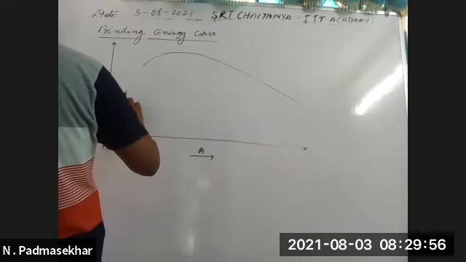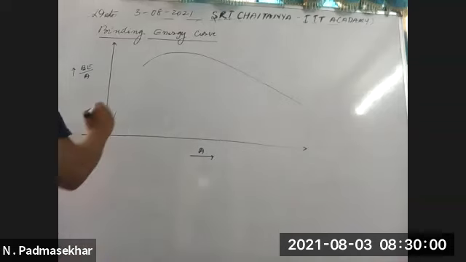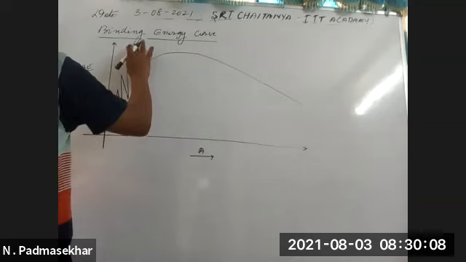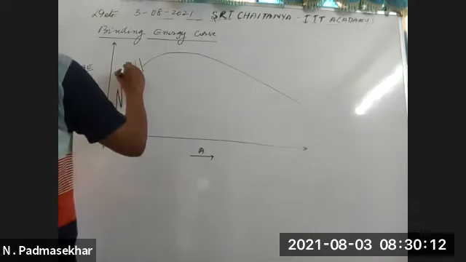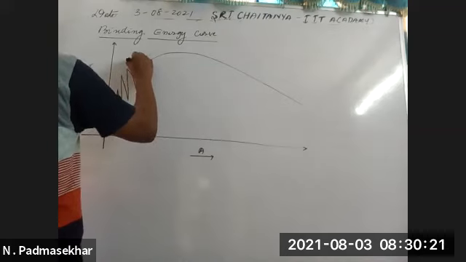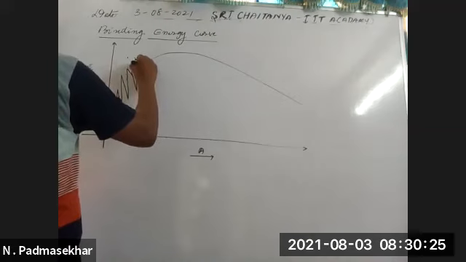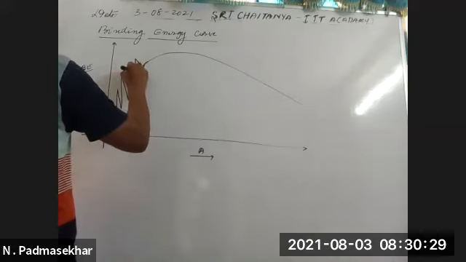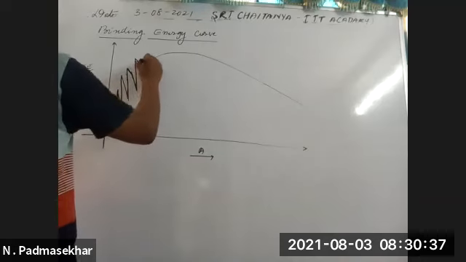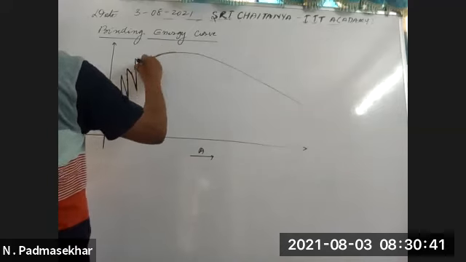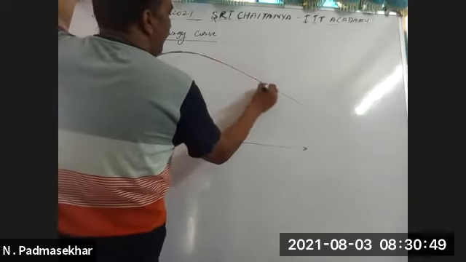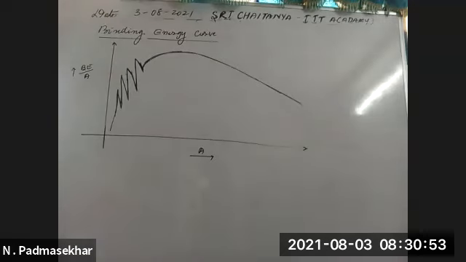Here in this region, some kinks are produced. This is the binding energy curve.